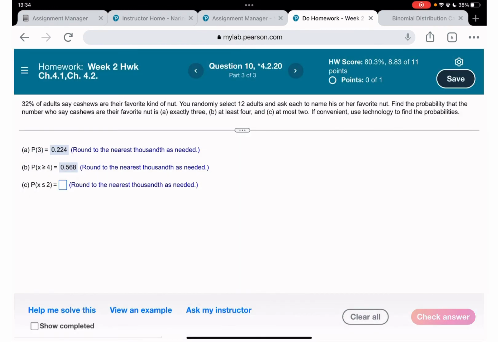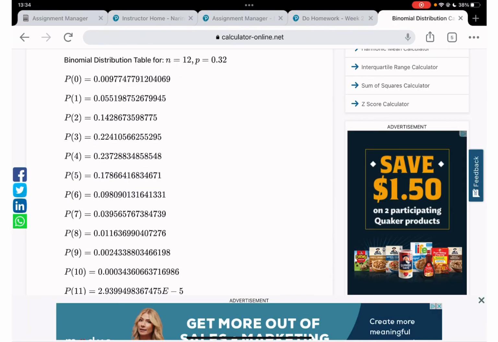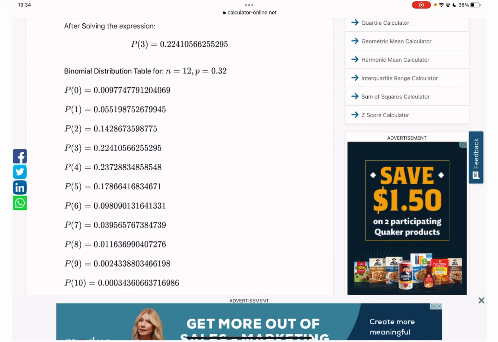Correct. Now less than or equal to 2, so it's going to be 0, 1, and 2. So let me add them up. 0 is going to be 0.010, plus 1 is going to be 0.055, plus 2 will be 0.143.